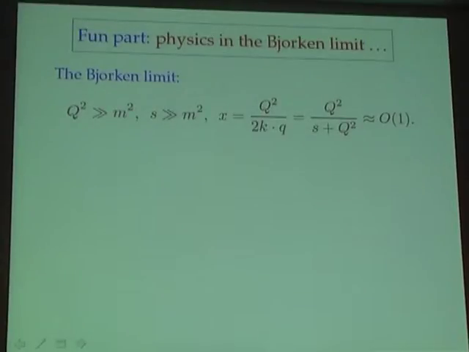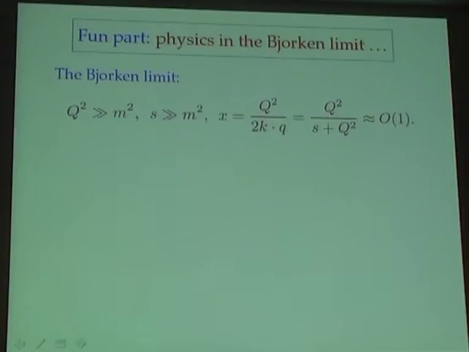So with that result, let's examine the physics, which is the fun part. The calculation part is mechanical. Everybody who has had a course on this should be able to obtain those results. Now, what we are really interested in is the Bjorken limit, the high energy limit, in which you keep this ratio x more or less fixed.